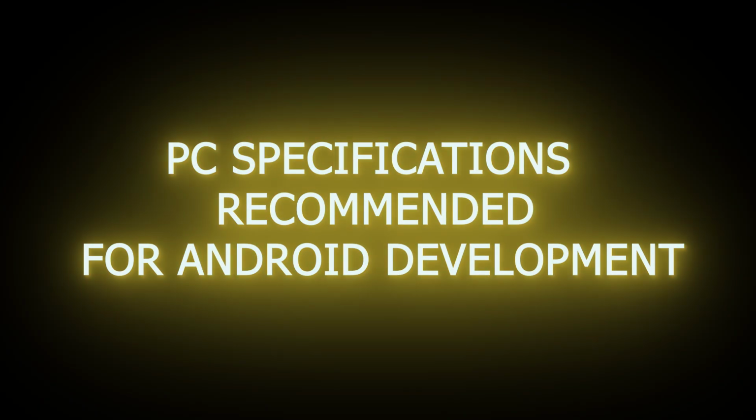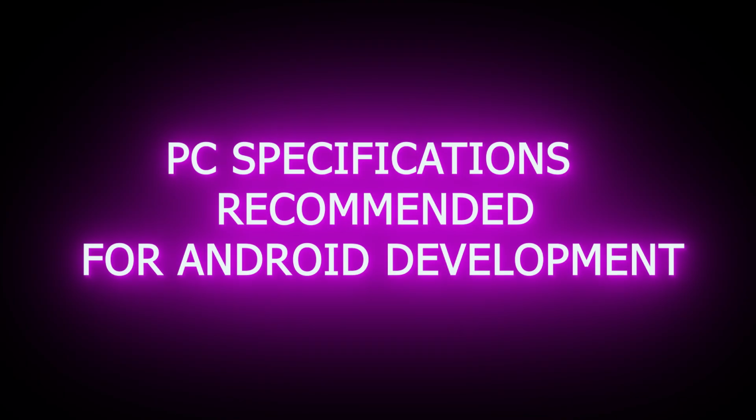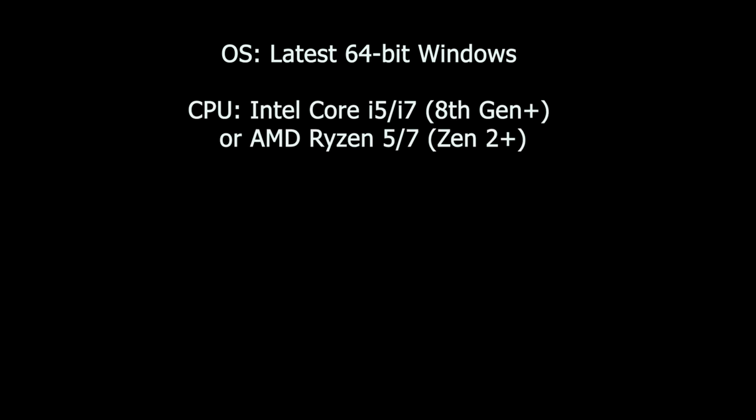Before we begin, let's take a quick look at the PC specification for Android development. You need a 64-bit operating system such as the latest version of Windows. For processor, an Intel Core i5 or i7 8th generation or newer, or an AMD Ryzen 5 or 7 with Zen 2 or newer is recommended.